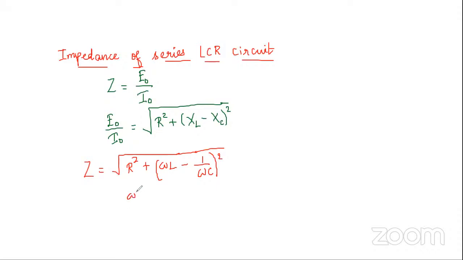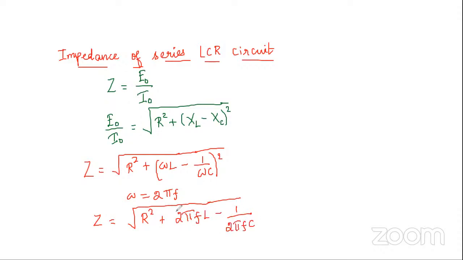So we know very well omega equal to 2 pi F. So the expression for Z equal to root of R square plus 2 pi F into L minus 1 by 2 pi F into C the whole square.